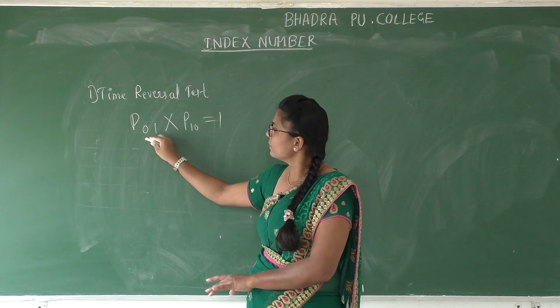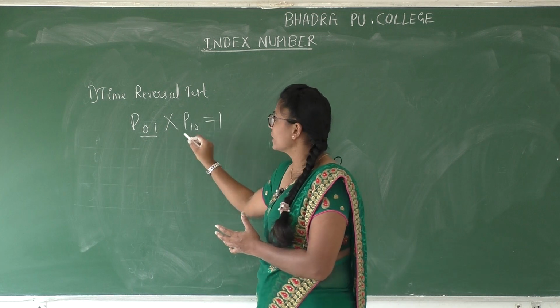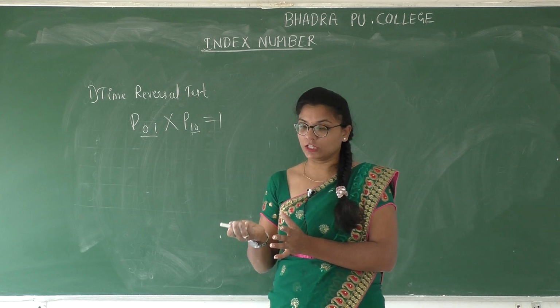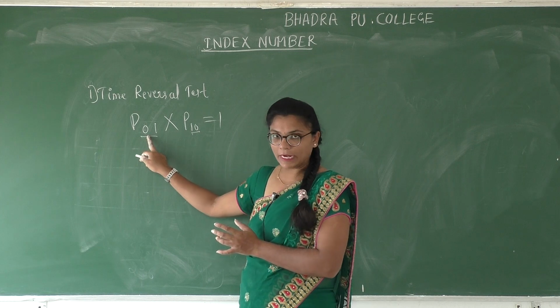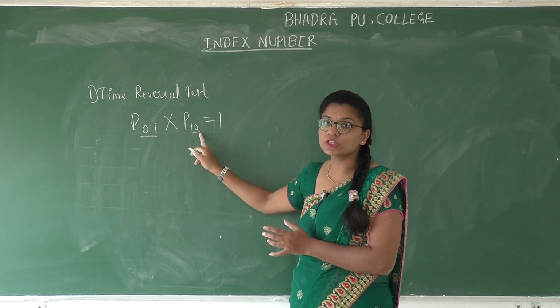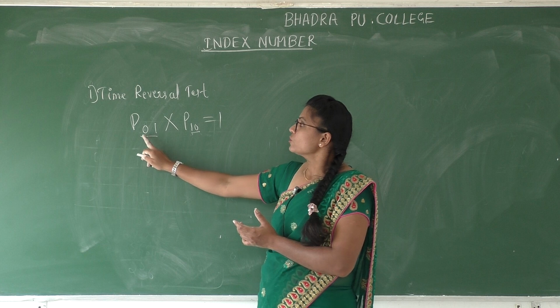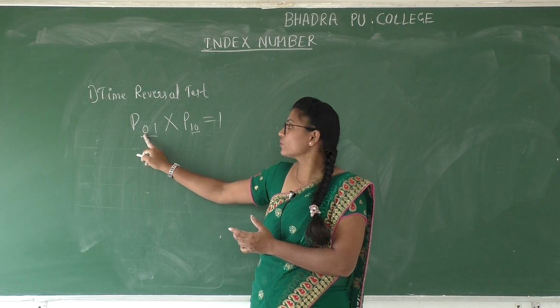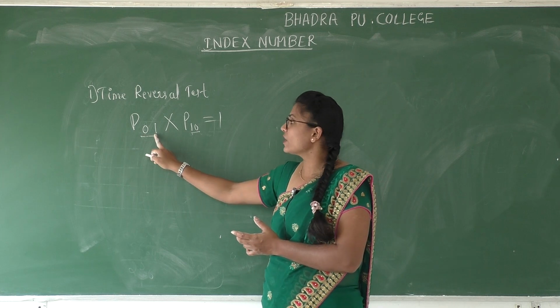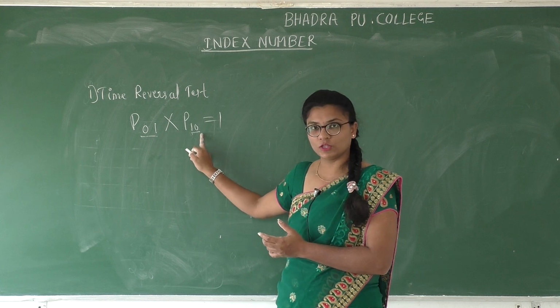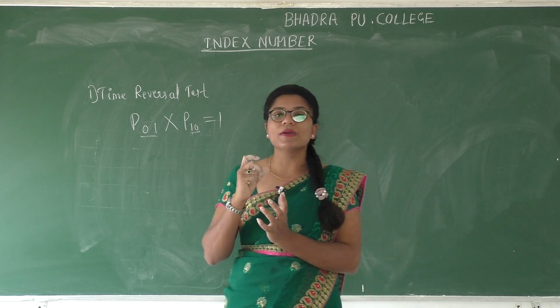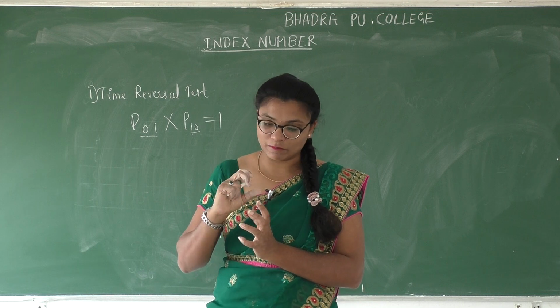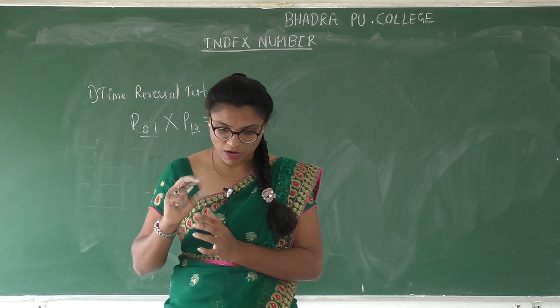Base year and current year are interchanged. Here we write P01, here we write P10. It means wherever 0 is there, we have written 1, and where 1 is there, we have written 0. It means we are interchanging the base year and current year.